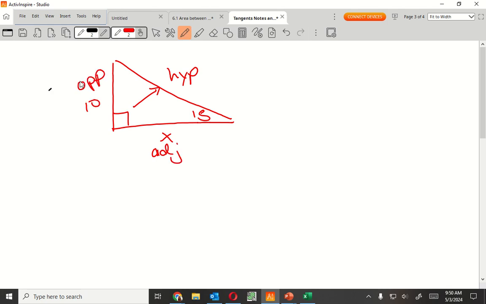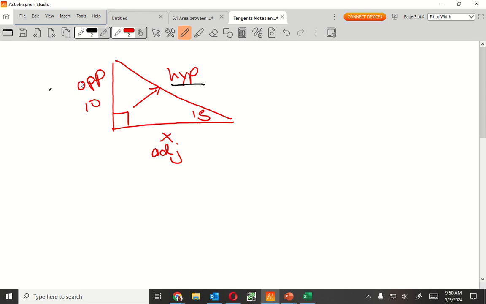Okay, so this first one, some people struggled on this one, deciding where every side is. So, always start where the right angle is, draw an arrow from the right angle, and this is my hypotenuse.